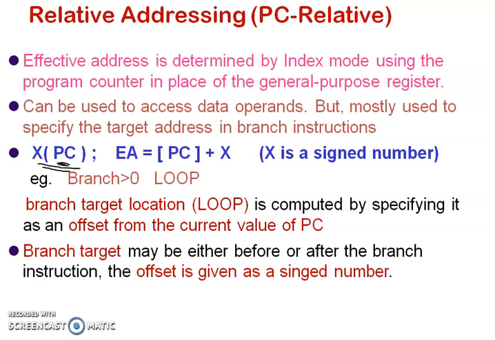Earlier, in place of PC, we made use of a register, and that addressing mode was considered the indexed addressing mode. Instead of the register, if PC is placed, then it is relative addressing mode, and the purpose is to read instructions from the memory, which is helpful in fetching the instructions, that is, branch instructions.